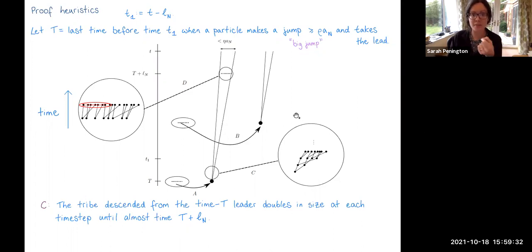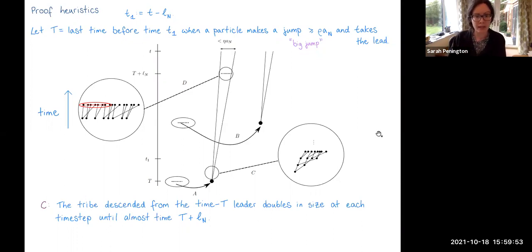Until the tribe itself has reached nearly size capital N, none of the offspring of the tribe will ever get killed, because they won't be the leftmost particles. That will happen until almost time capital T plus ln, when the tribe will have size getting close to n.